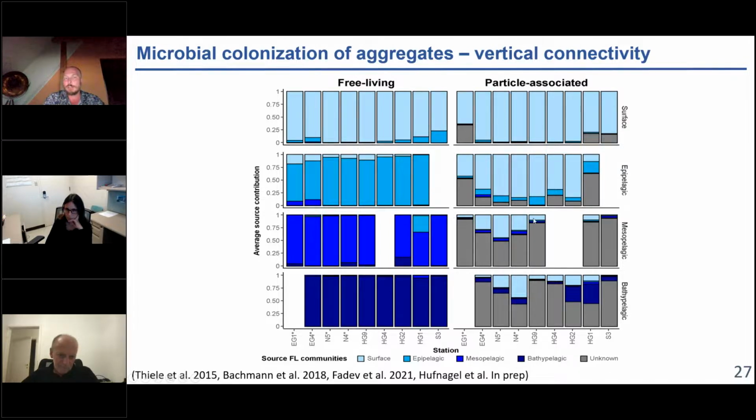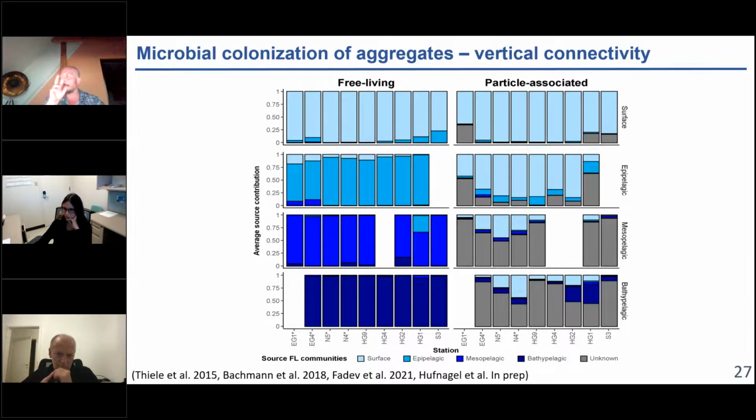Instead, we got a large unknown fraction, which we think is still the rare fraction that was in the surface, but as an aggregate sinks, it changes its organic matter composition, pressure, temperature, etc., then this rare fraction has a chance to actually bloom and become more important. But it's not that we have a strong jumping on and off of these.